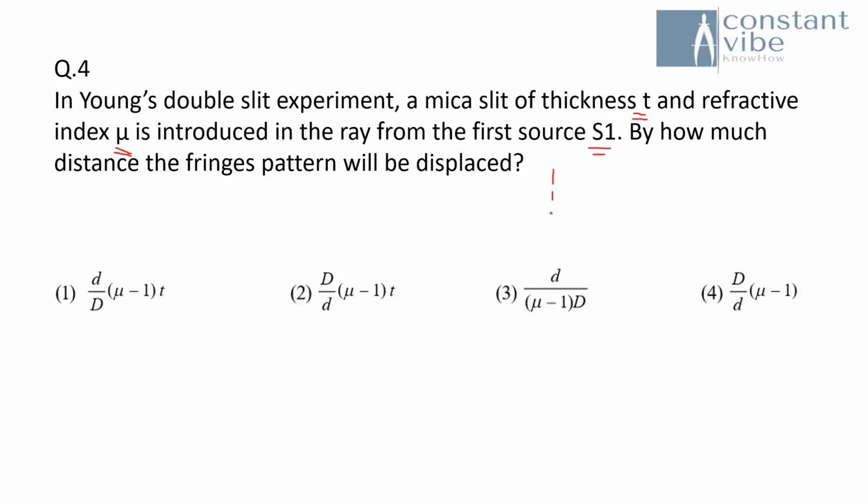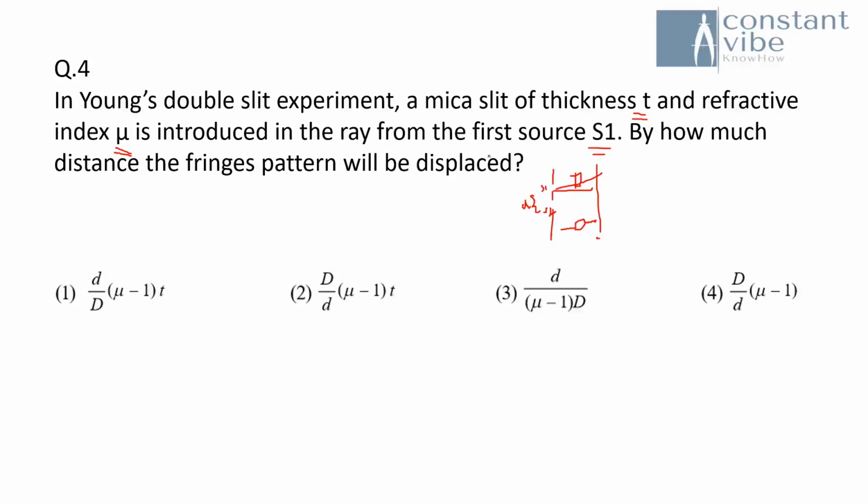Here also the same experiment. The screen is here, source 1 is here and source 2 is here, and D is the distance of the screen, and the light is going like this. So here, in between, we place one mica slit of thickness t and refractive index mu.